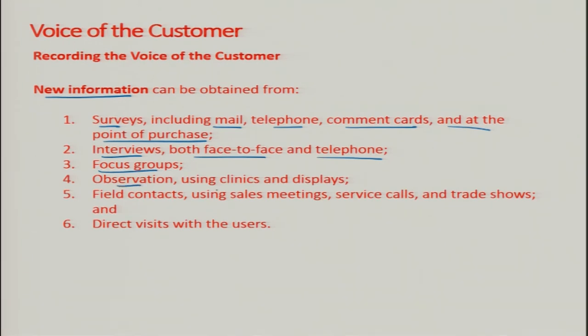Then observation, that is using clinics and displays, conducting experiments and watching the responses. Then field contacts using sales meetings, service calls and trade shows, direct visits with the users. So, these are some of the ways which can be used to collect the new information, that is primary information source.